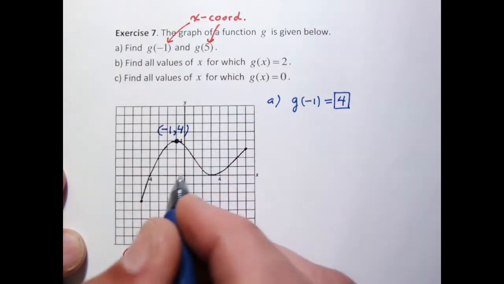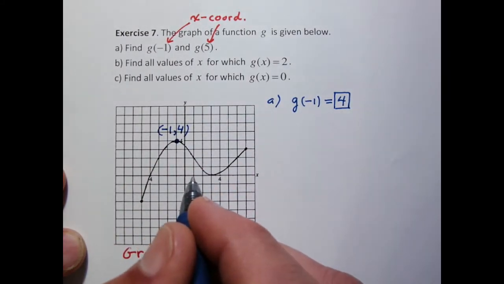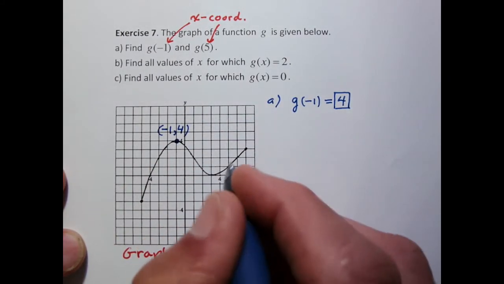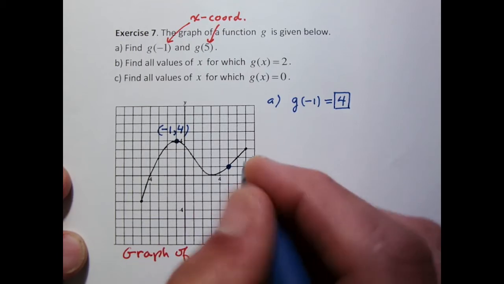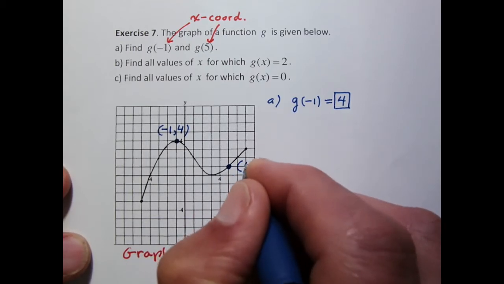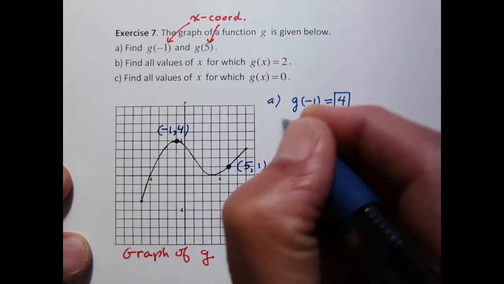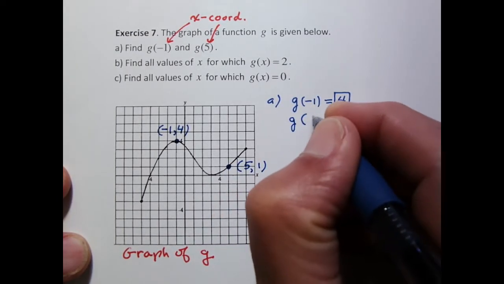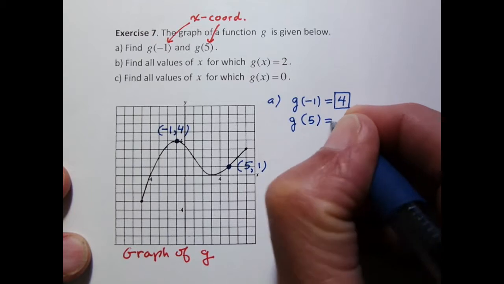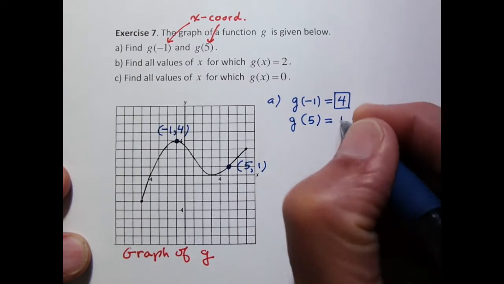When x is 5, 1, 2, 3, 4, 5, we get this point here. So we have the point 5 comma 1 there. So we would say g of 5 is equal to 1.